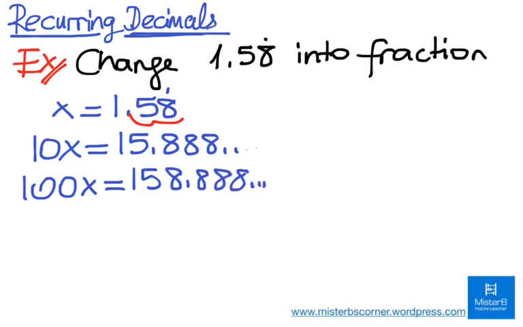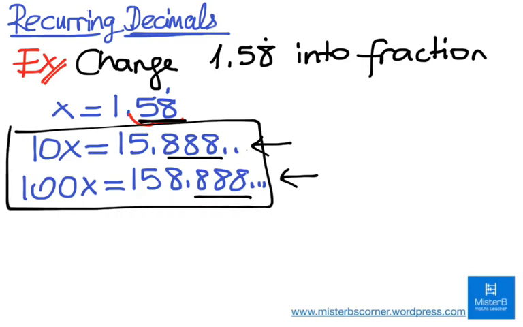Now obviously I can see that with 10x and 100x the decimal parts are the same, whereas in x it is not the same. It starts with a 5. So I can use 10x and 100x. I can use these two numbers to end up with my fraction. So I'm going to take away 10x, which is 15.8 recurring, from 100x.